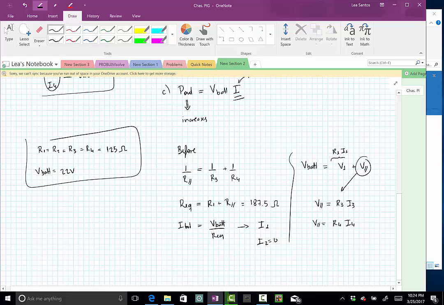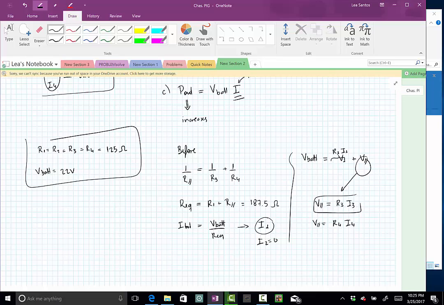You don't need to do both because we know the resistances are the same, right? So from here we can just find the two. Once you find one, you know what the other should be. You could also just divide this one by 2, right, since you know it will split equally.